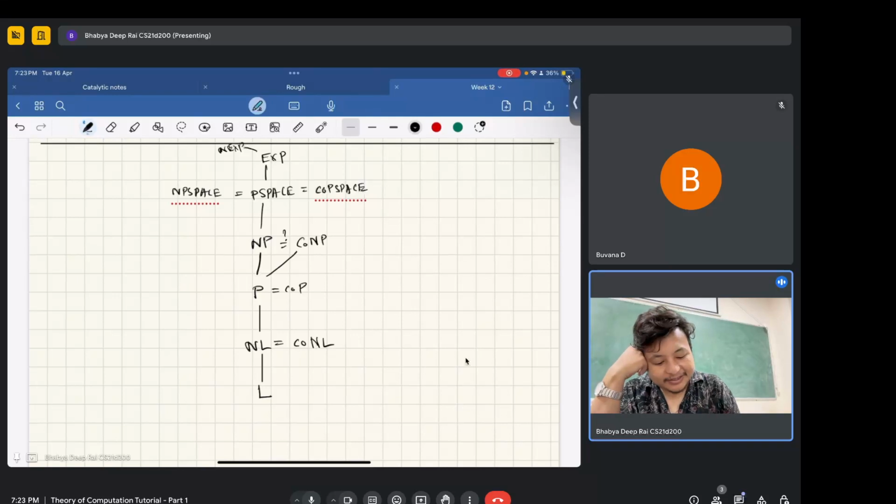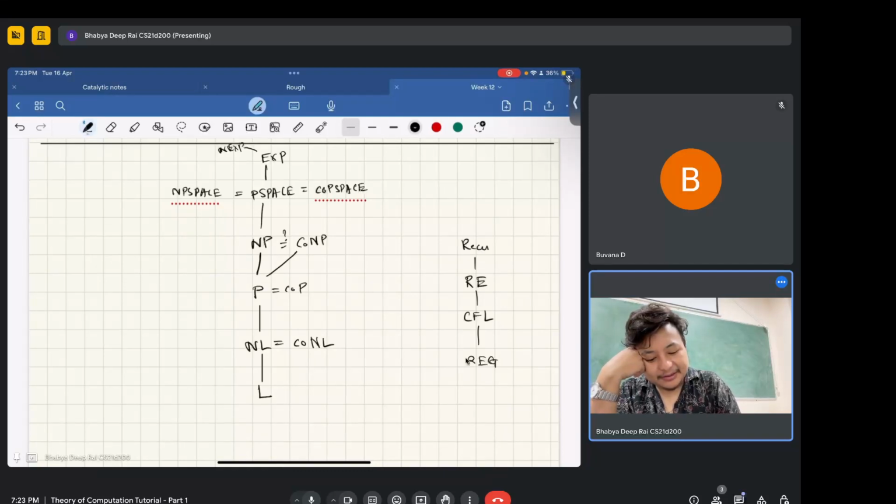It's similar to, for example, if you remember, regular is contained within CFL, which is contained within context sensitive and so on, which is contained within recursively enumerable, which is contained under recursive, which is contained inside undecidable.